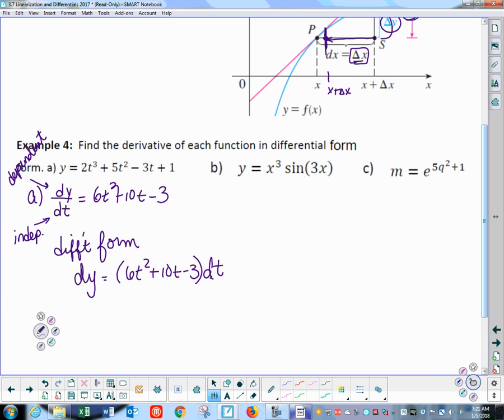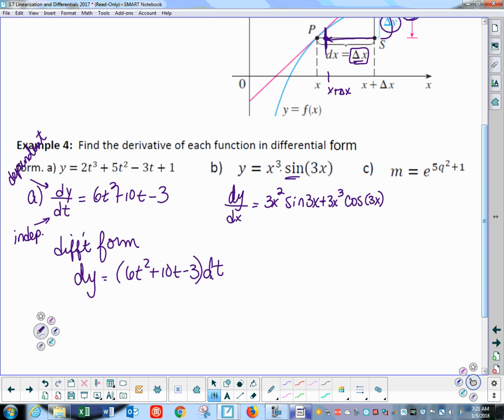Next is b. And a little product rule on this. So we're going to have dy/dx is equal to 3x squared sine of 3x added with the derivative of sine of 3x, which would be a 3 from the chain rule, cosine 3x, multiplied by x cubed. Let's squeeze that in front. So I'd have a 3x cubed cosine 3x.